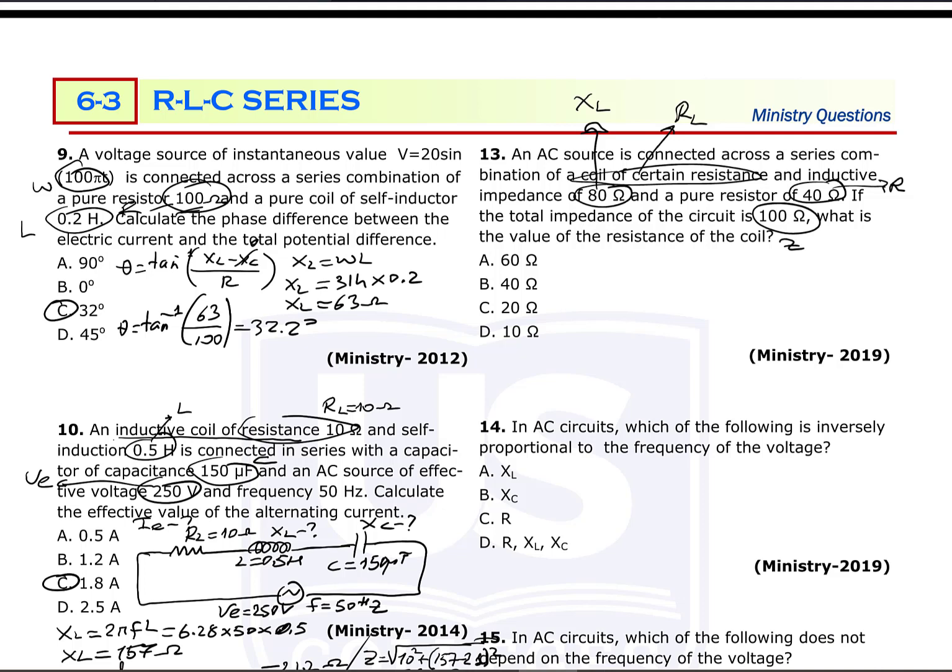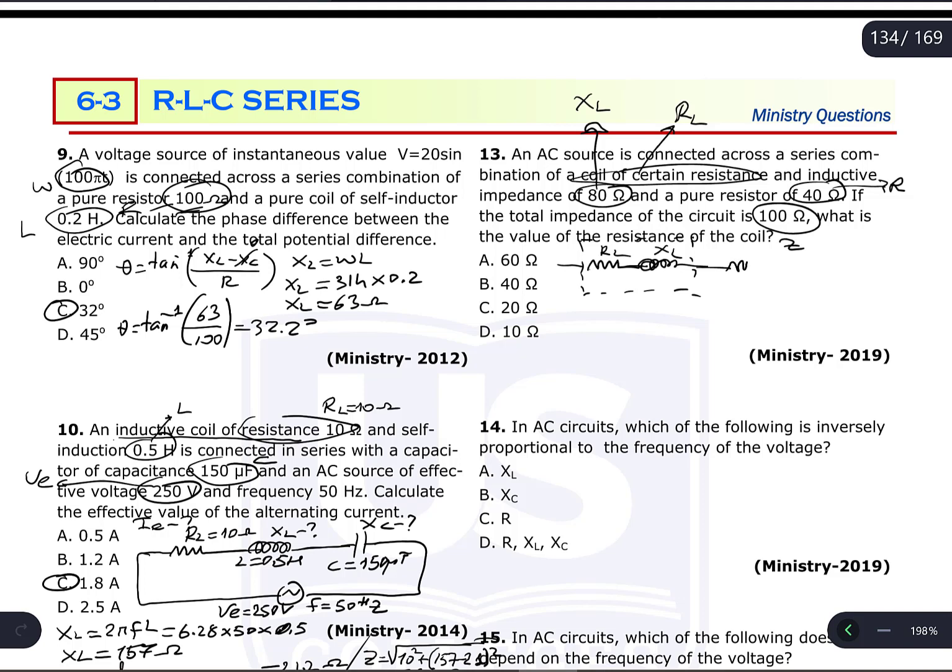So if I represent the circuit, this circuit has an impure coil with a resistance RL and an inductance of XL. This is the coil because it's impure. It has both resistance and inductance. And also another resistor is connected in series, which is R. And total impedance is given for this, Z. So I am going to say that this is an RL circuit.